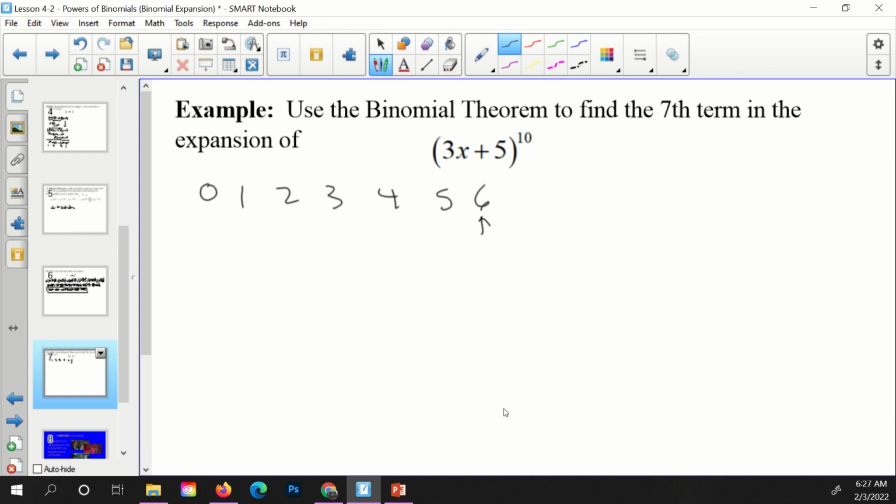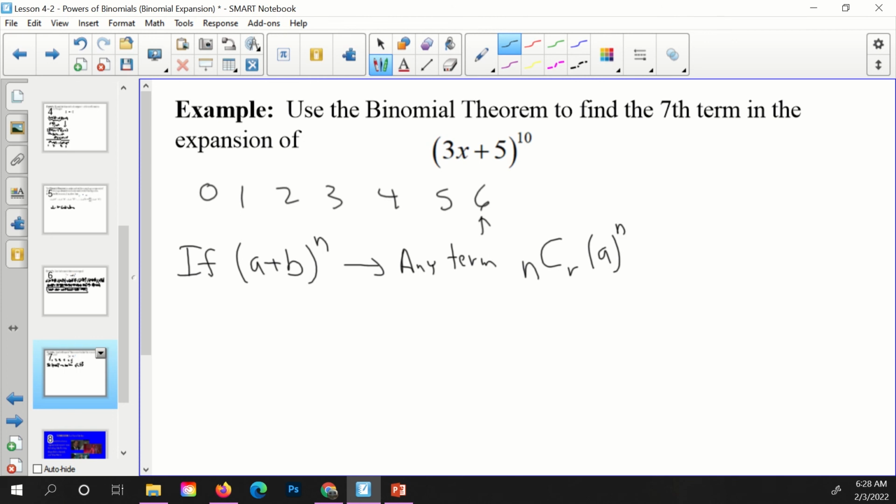So I'm going to use that pattern and say that if I have a plus b to the n, then my result for any term will be nCr a to the n minus r, b to the r.